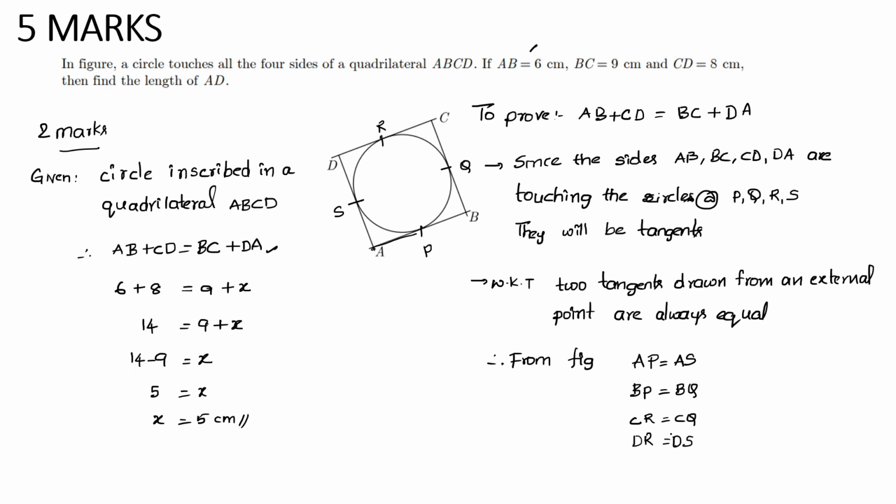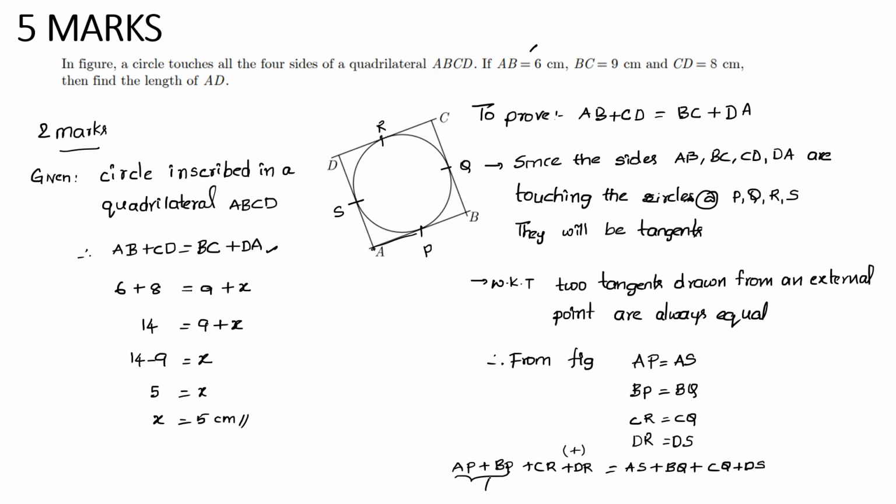Now adding on both sides, it will become AP plus BP plus CR plus DR is equal to AS plus BQ plus CQ plus DS. And AP plus BP is nothing but AB.